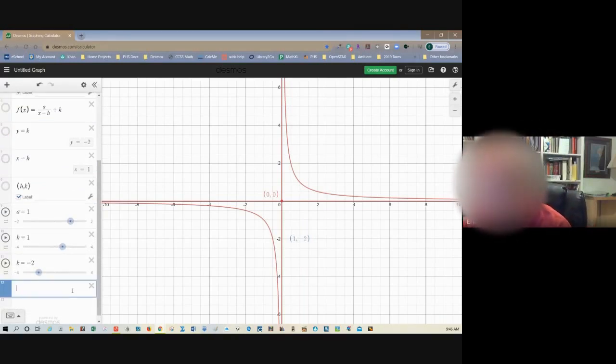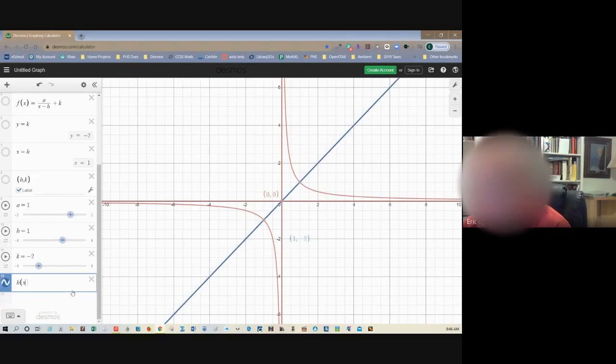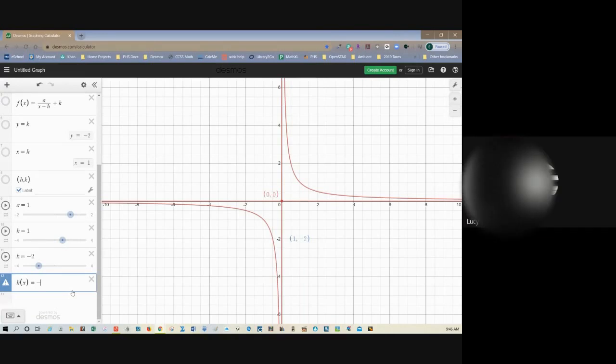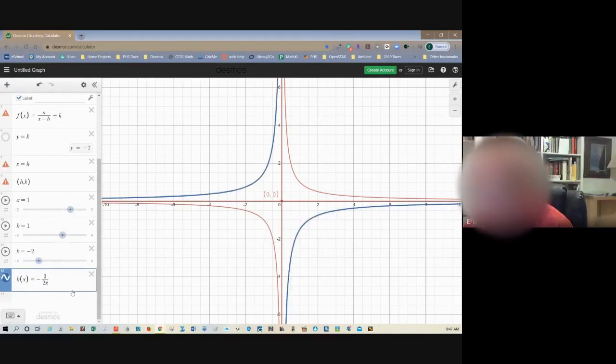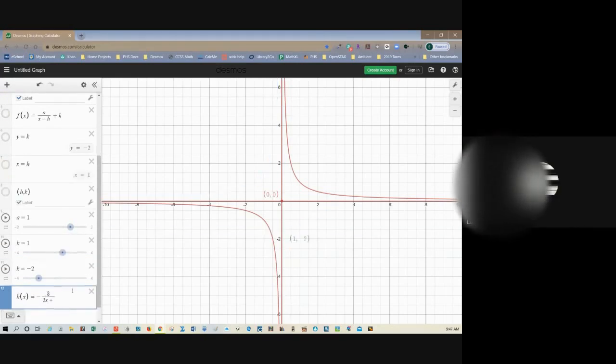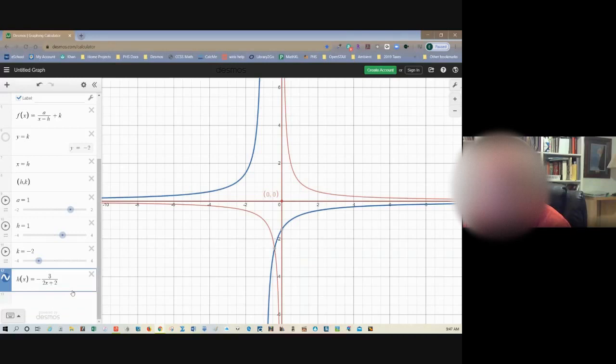What if they had something like h of x equals -3 on top, divided by 2x plus 2, just for example. And at the end, they had nothing else? Okay, just that.